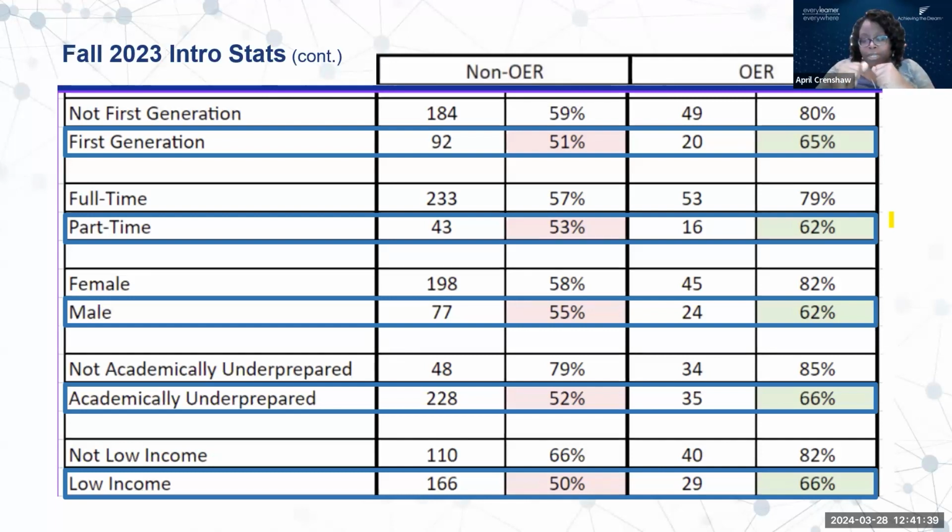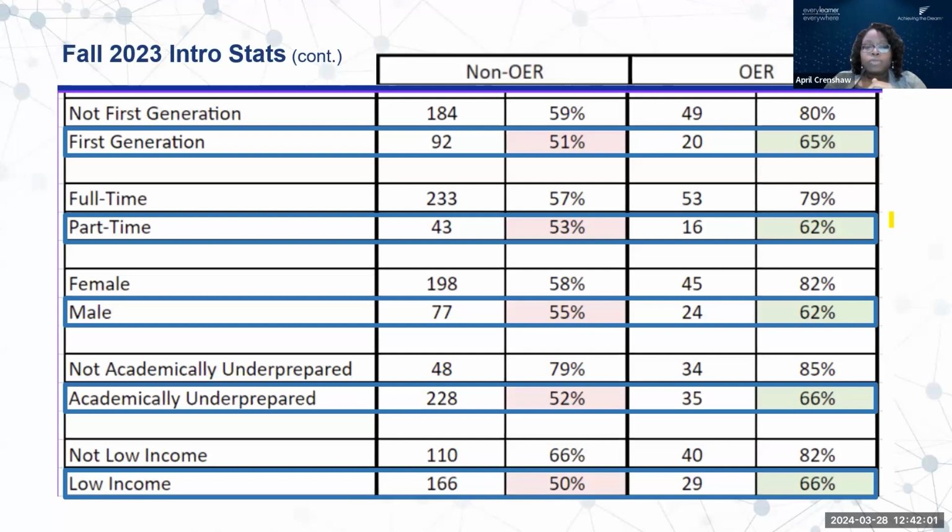my females killing it. I shouldn't use that. I think that's violent language, so killing it is not the right word, so pardon me, but look at them knocking it out of the park. Our students who were considered to be academically underprepared, can't stand that term, but that's a phrase that the college uses.